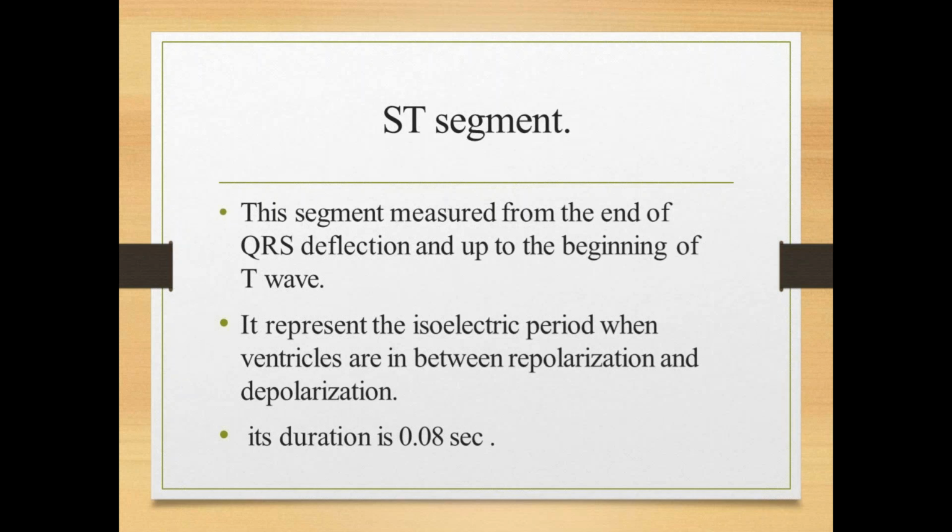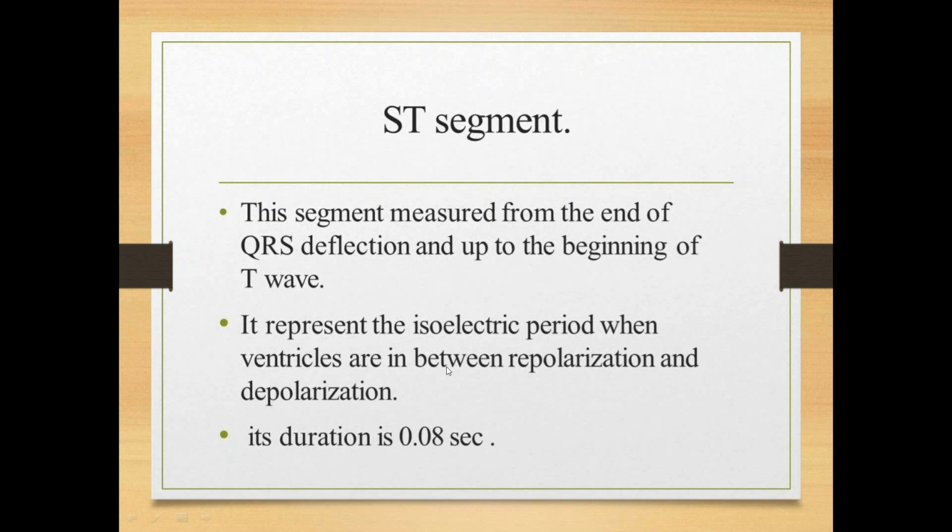Coming to the ST segment, this segment is measured from the end of the QRS deflection up to the beginning of the T wave. It represents the isoelectric period when the ventricles are in between depolarization and repolarization, between the contraction as well as the relaxation of the ventricles.